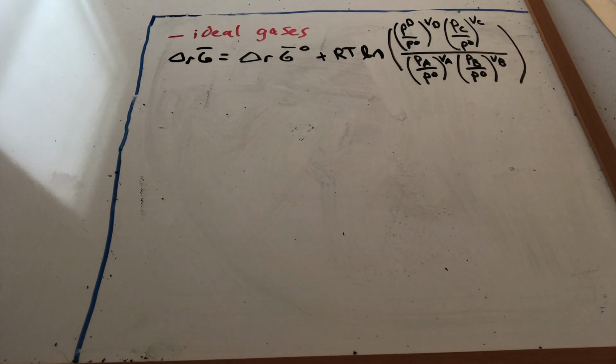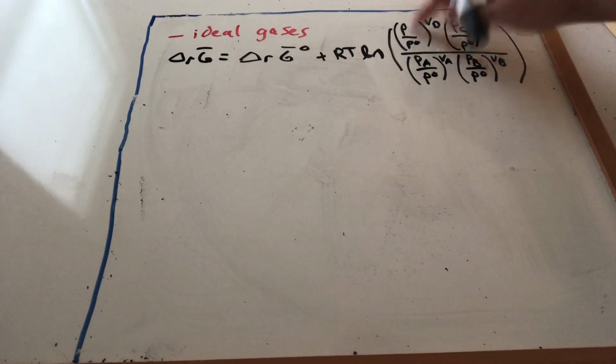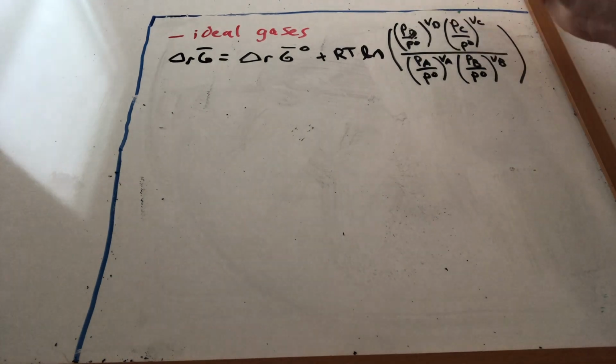This is starting to look, hopefully, familiar relative to things you learned in general chemistry. There's one further simplification that we make. This is P subscript D raised to the VD.